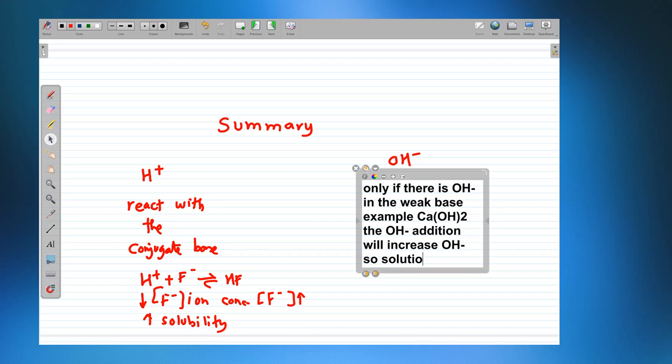So the solution will try to decrease it. So it will decrease the solubility. Why? Because it will move, it decreases the OH minus, not increases it.